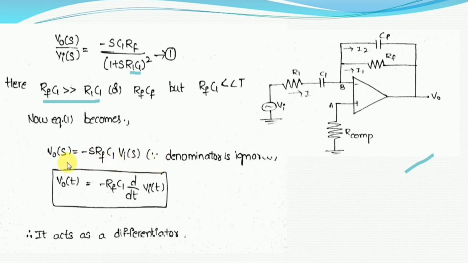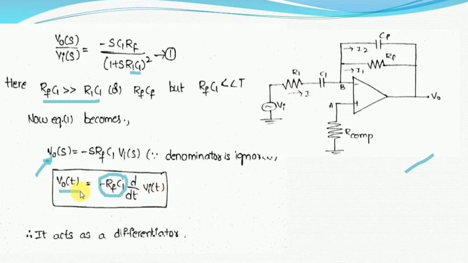If you take the inverse Laplace transform of this expression, the S domain equation can be converted into the time domain equation as V naught of t equals minus RF C1 into d by dt of VI of t. Here RF C1 is nothing but a time interval or a pulse width, and the input signal is differentiated with respect to time.